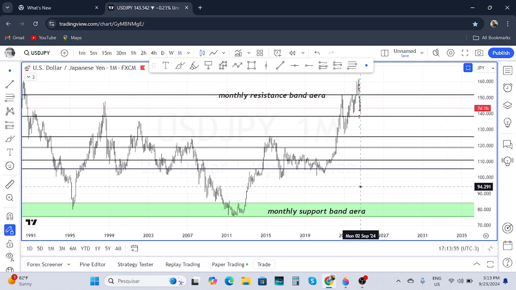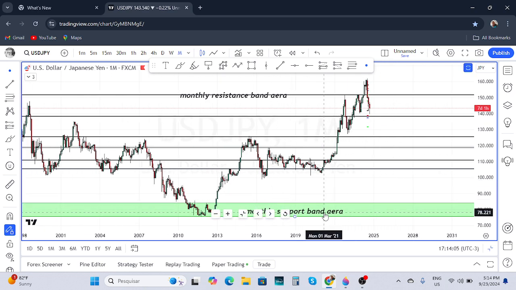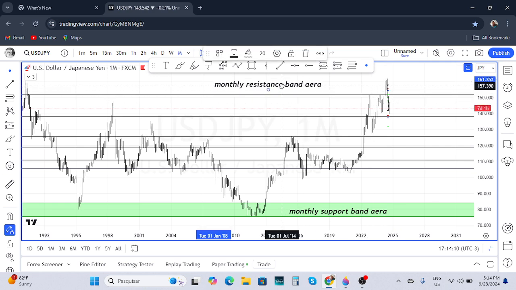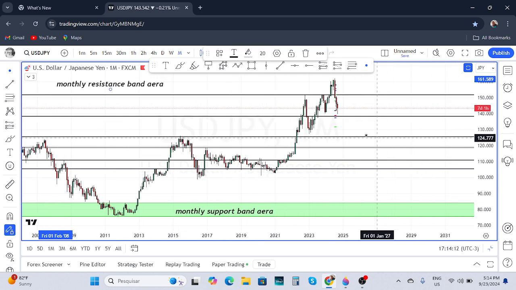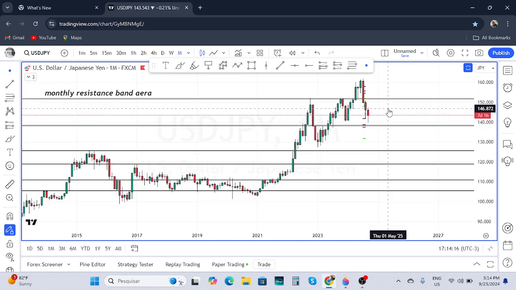So right here I have the USD JPY monthly chart, and this is the monthly support band area, and this is the monthly resistance band area, although I took the band off so that I can clearly see this price movement back in time.